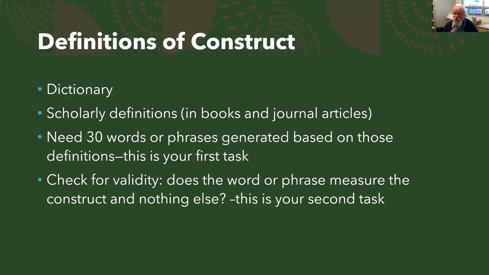And so that's why I would avoid using that word in my list of terms, my words or phrases, okay? So validity means, does the word or phrase measure the construct and nothing else? Okay, so you've got to decide that after you get all 30 of your words or phrases. That's your second task. Okay.